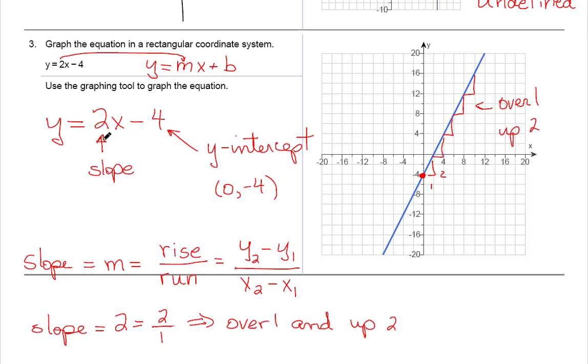So looking here, I see that this is a 2. Well, it's a positive number. Since it's positive, my line should be going up. The minus 4 on the end is b in our template here, and that represents the y-intercept. So you see our line is crossing here on the y-axis at 0, minus 4.